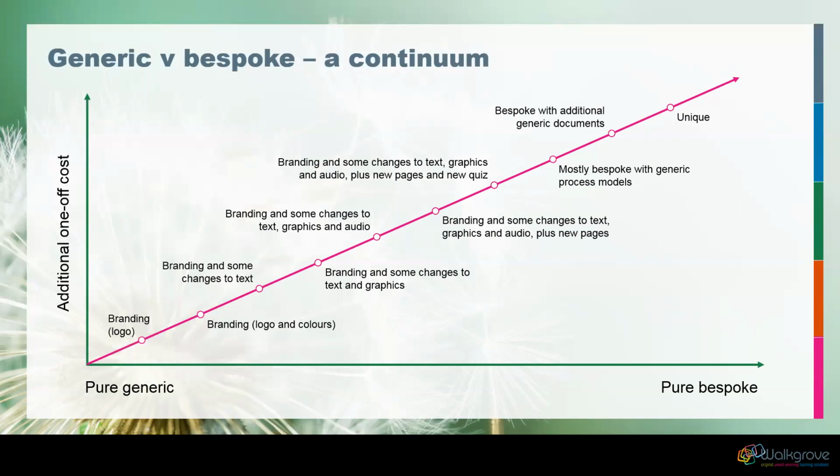You might even get some new pages, maybe a new quiz, things removed, things added, looking at things that are actually a lot closer to bespoke, with perhaps more generic process models and additional generic documents, all the way up to something that's truly unique. Those are all things that different suppliers can offer, and it really depends on the needs of your organization.